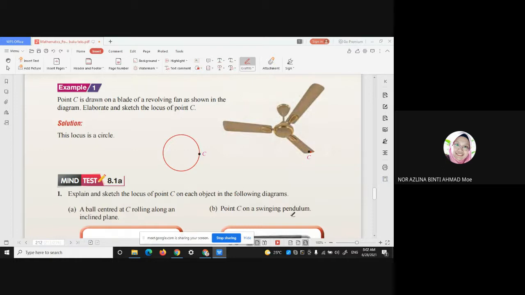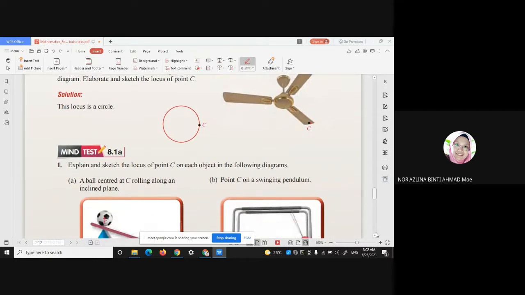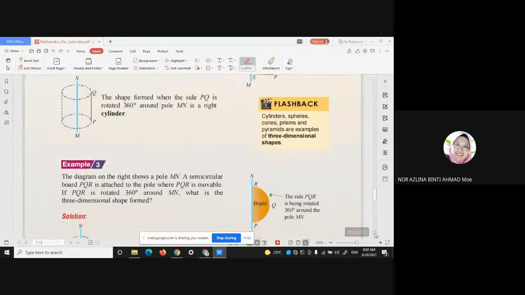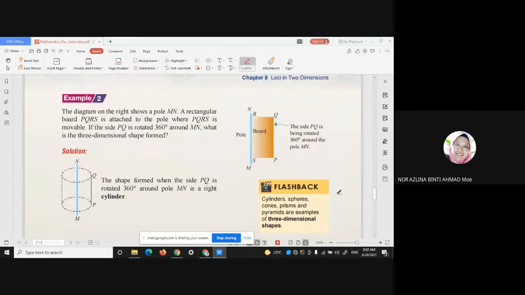Example 2. The diagram on the right shows a pole MN, a rectangular void PQRS. The rectangular void PQRS is attached to the pole where PQRS is movable.